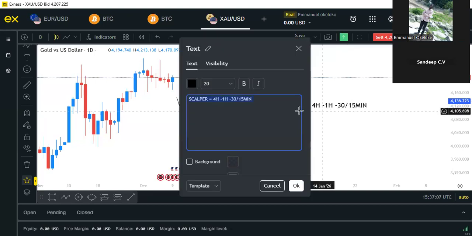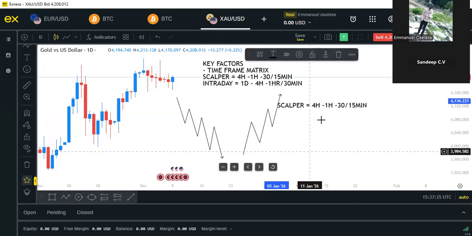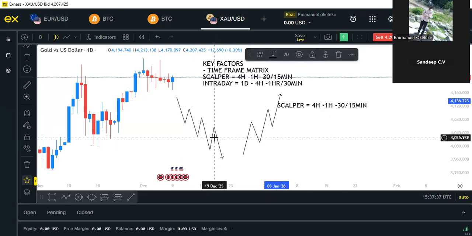As a scalper, the 4-hour time frame is for three things: market structure, plus zone identification, that is your POI, point of interest, plus rejection of POI. So this is what you use the 4-hour time frame for as a scalper.